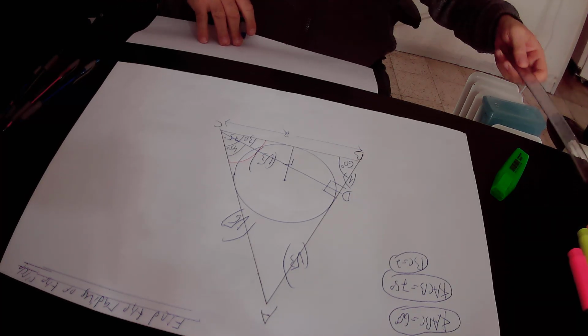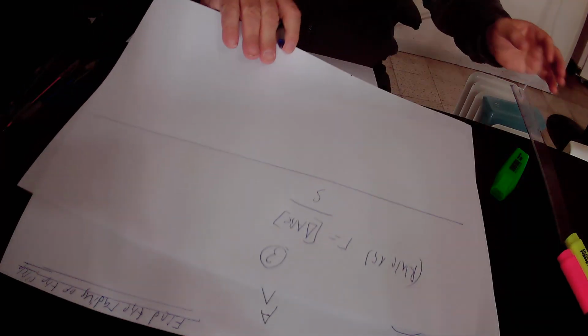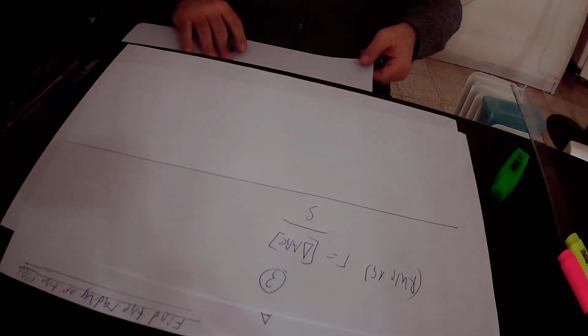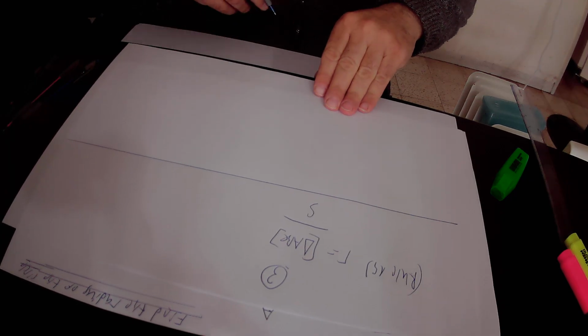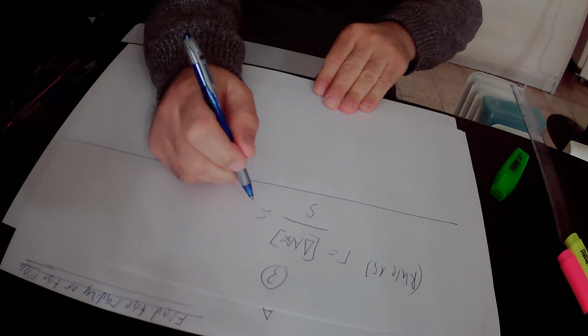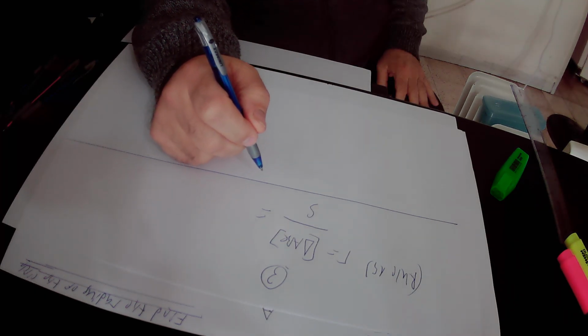Repeat again. The radius of our circle, the radius R equals the area of triangle ABC over the semi-perimeter of the same triangle, triangle ABC. According to rule number 15, of course.